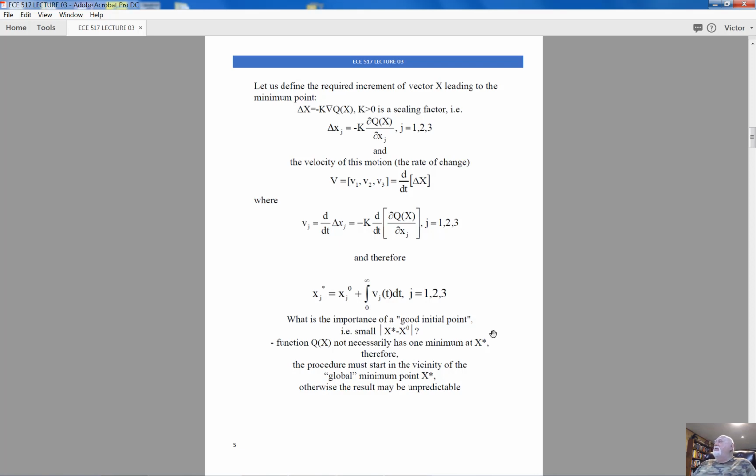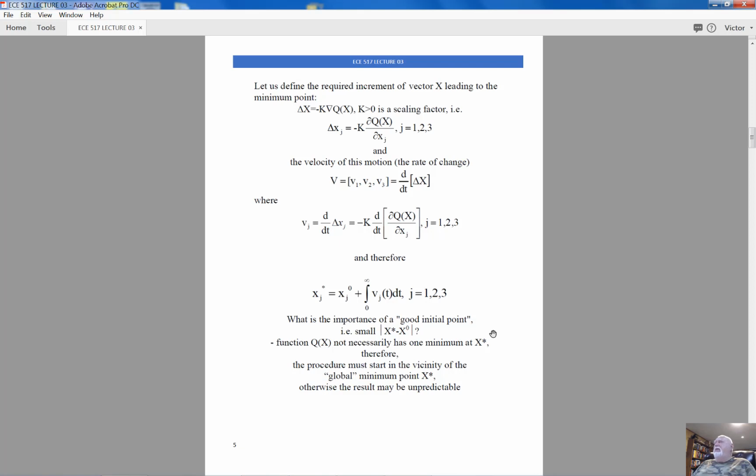The importance is this. If we do not start from a good initial point, gradient descent as a minimization procedure does not guarantee that we will reach the necessary point. Okay?